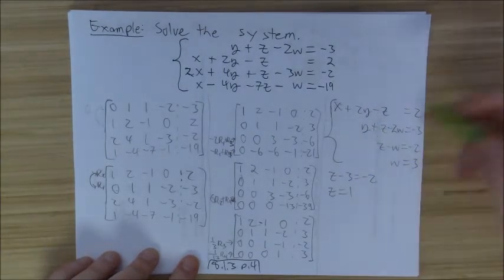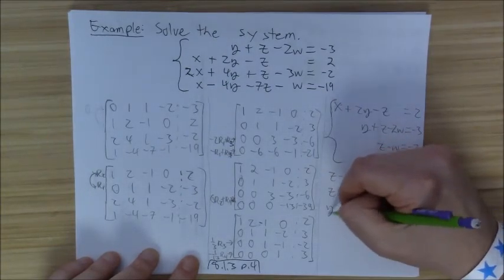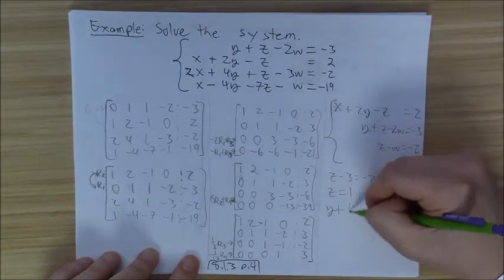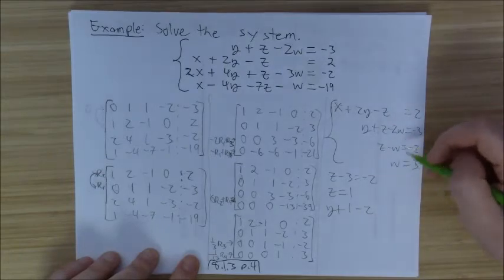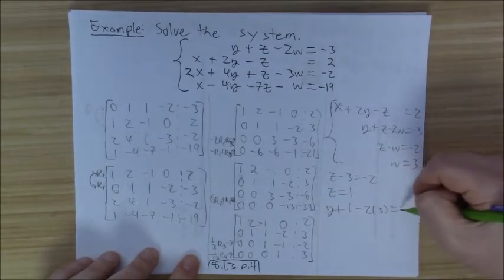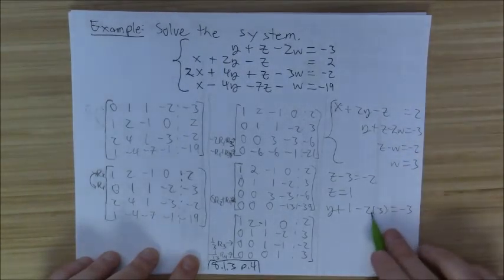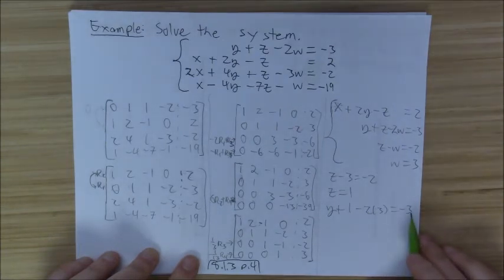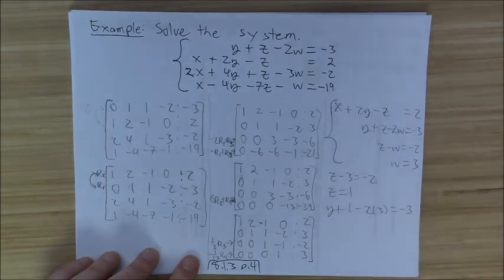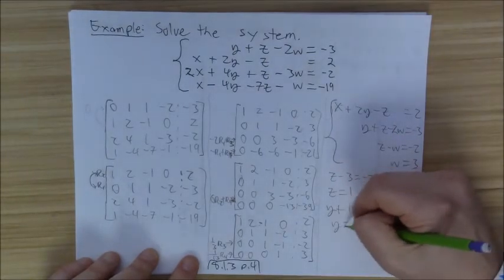Back substituting again, I have y. I'll eventually get y plus 1 minus 2 times 3 equals negative 3. That's going to be negative 6. Add that to that side, you get positive 3. Subtract a 1, you're going to get positive 2. So y equals 2.